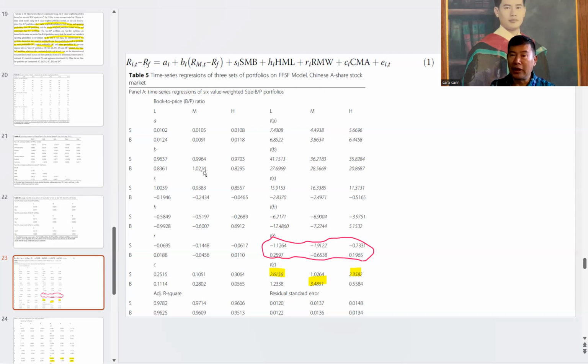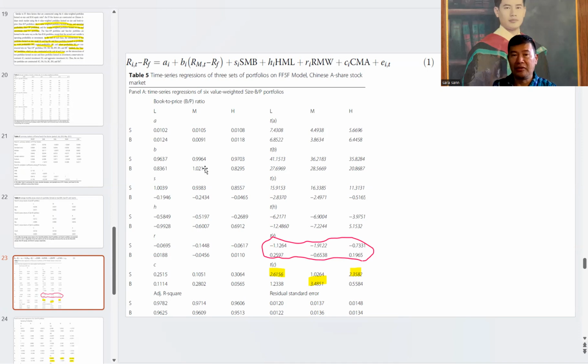Okay, so what does it mean? It means if you select to invest in a portfolio with big size to medium book to market ratio, it goes up 102.14%.